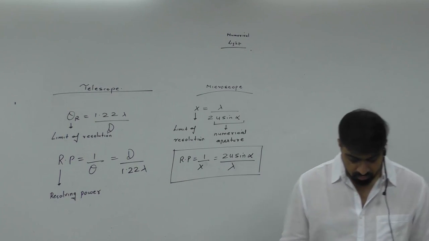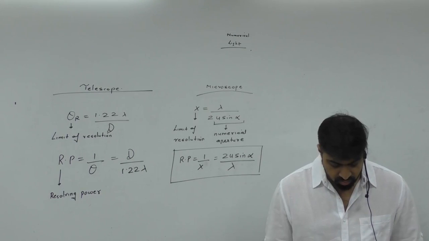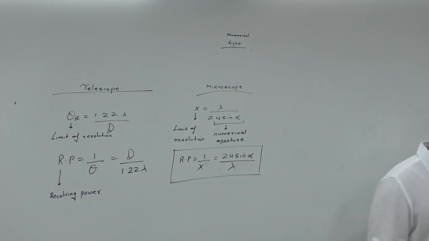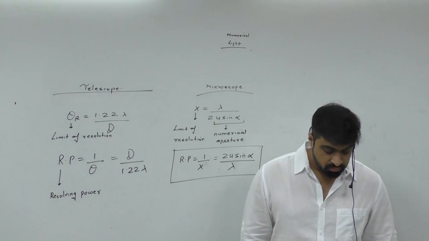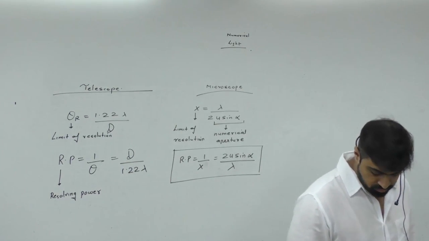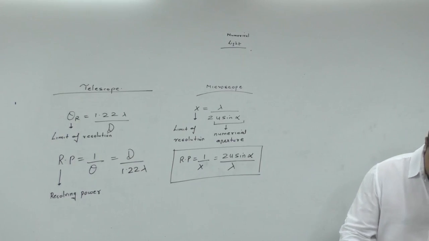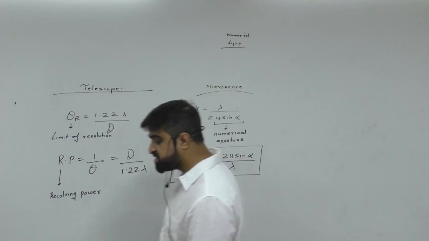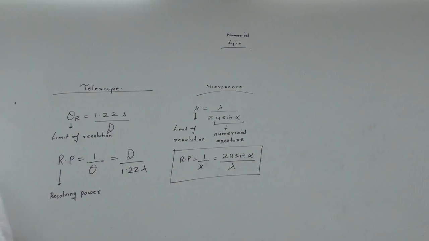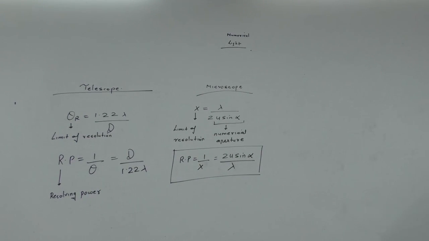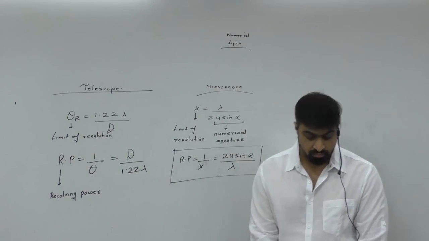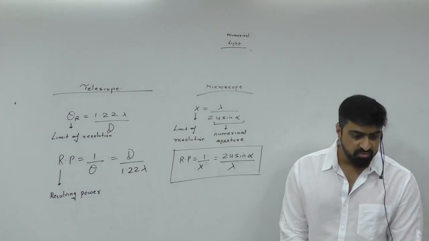Question. 2 points are separated by 0.1 mm and can be seen by a microscope when the wavelength of the light is 6000 Angstrom.